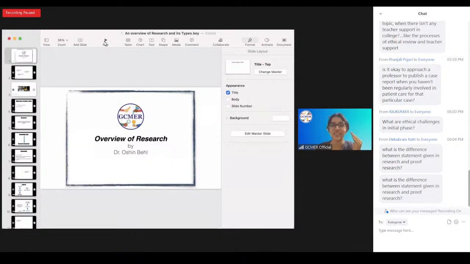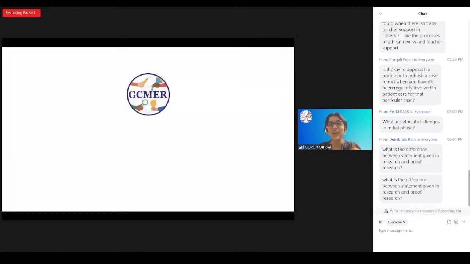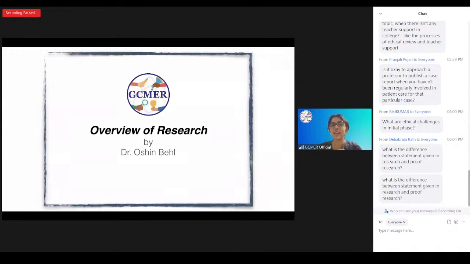So now coming to the overview of research, which is what we wanted to combine with how to choose a research topic, because there's no point in knowing how to choose a research topic if you don't know what research is, right?